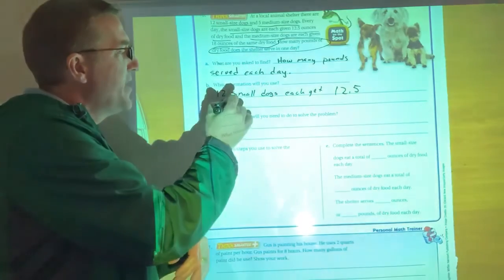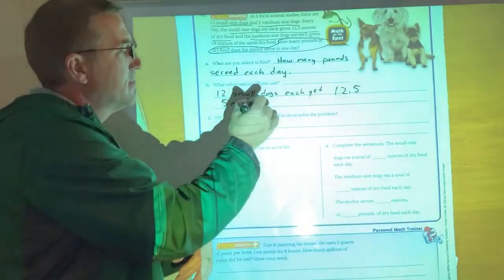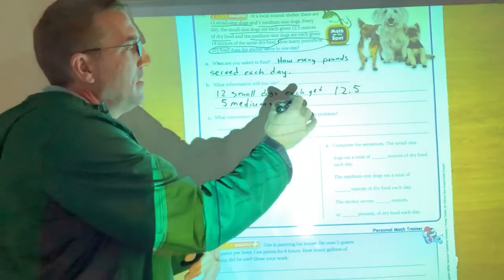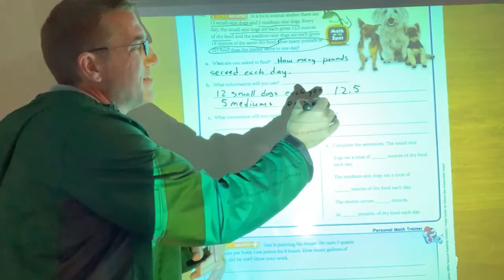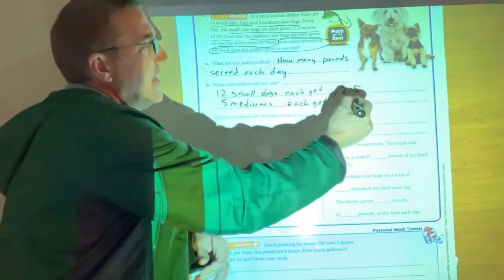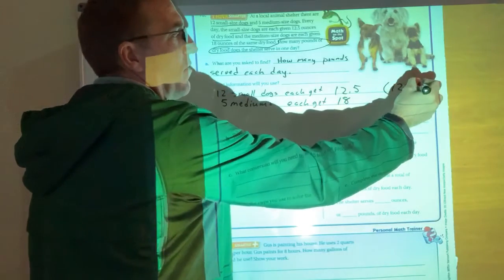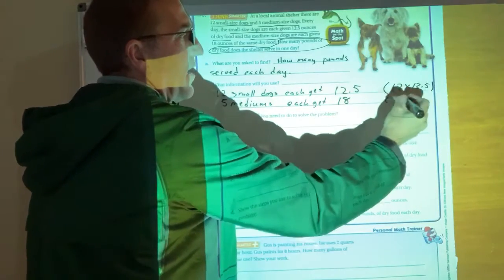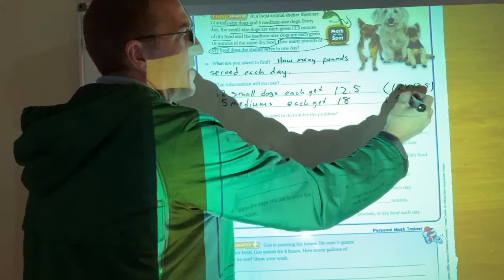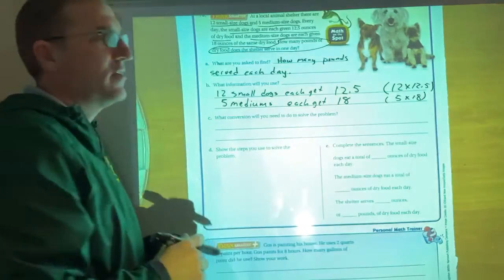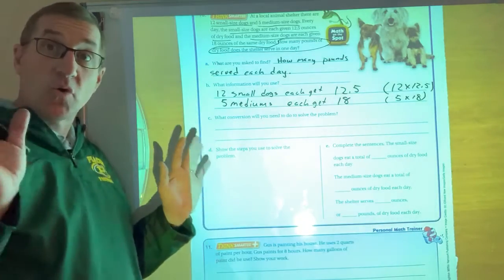There's 5 medium dogs. 5 mediums each get 18, right? And so our expressions are going to be 12 times 12.5 and 5 times 18.